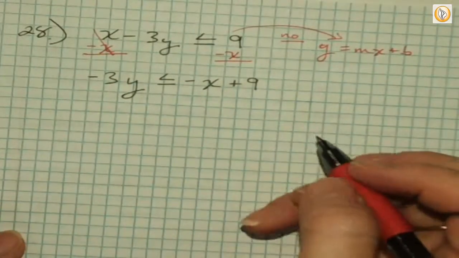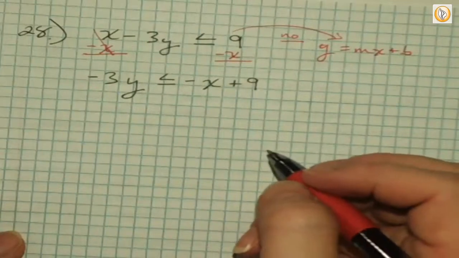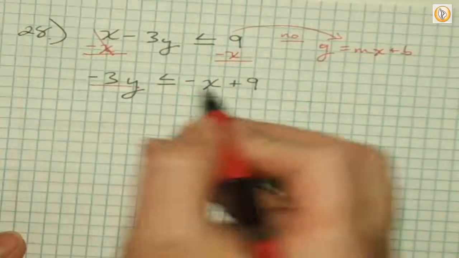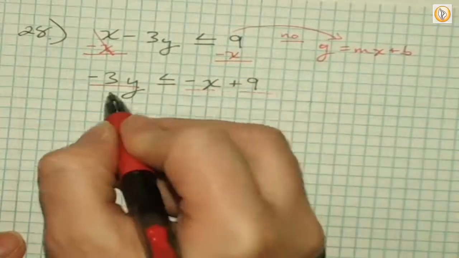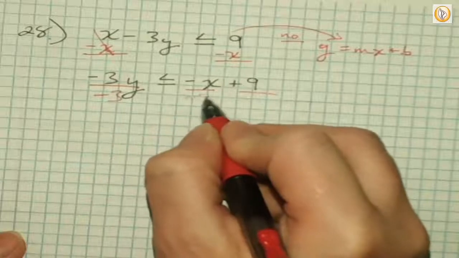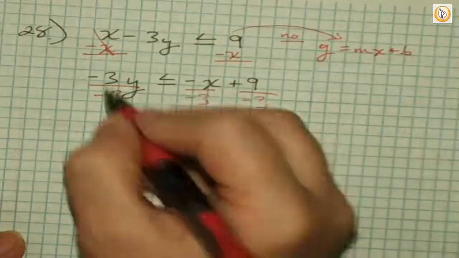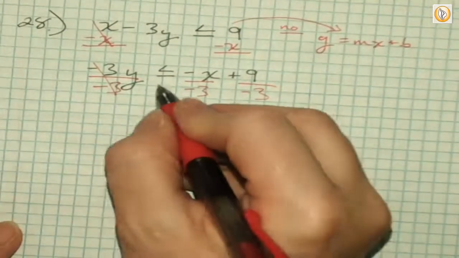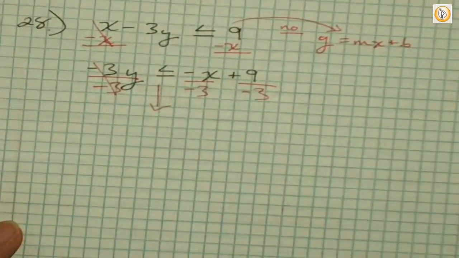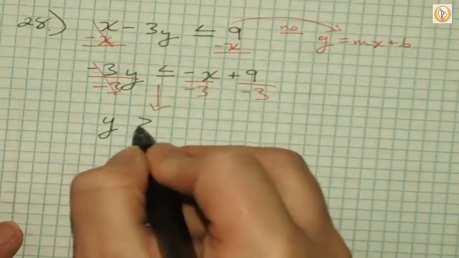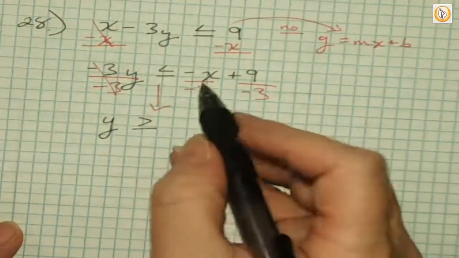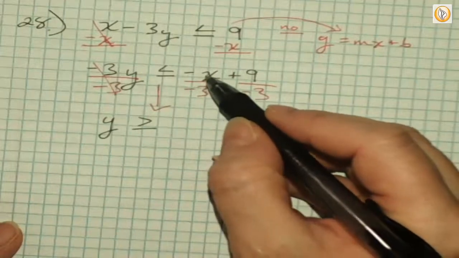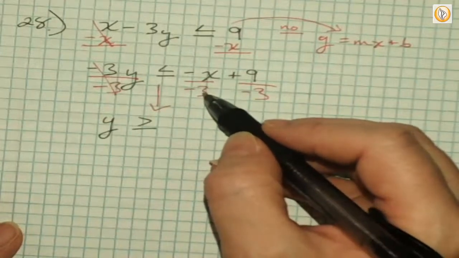Okay, Michael, what do I do now? Divide -3 by everything. Cecilia, I'm dividing by a negative. What important thing do I need to remember to do? Switch the sign. There you go. So I'm left with y is greater than or equal to. Now here, look everyone. I have a negative x over a negative 3.